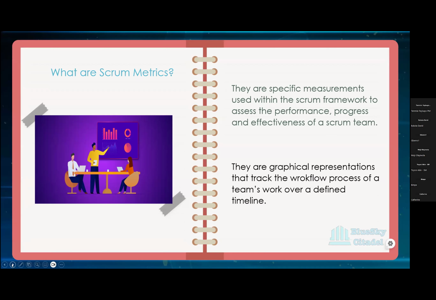If you configure it for a defined timeline, it will give you the measurement for that timeline. They cannot be manipulated, if I can use that word, once they're on the board. Let's assume a team didn't start their sprint on time. You started your sprint 3 days after the sprint date and you're tracking progress for that sprint. What you have on your chart won't pick up the 3 days that nothing was done. That is how real time it is.